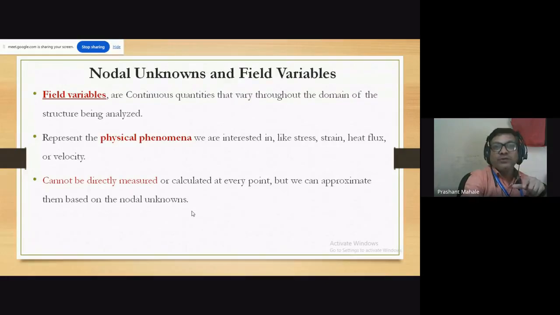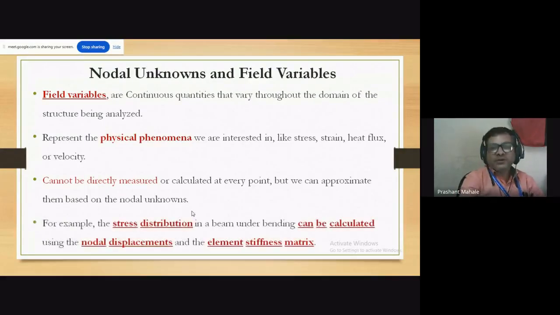In case of heat analysis, that displacement is going to talk about velocity or flow in case of computational fluid dynamics. So in this way, the displacement, which we actually call nodal unknowns, are going to give you field variables, right?